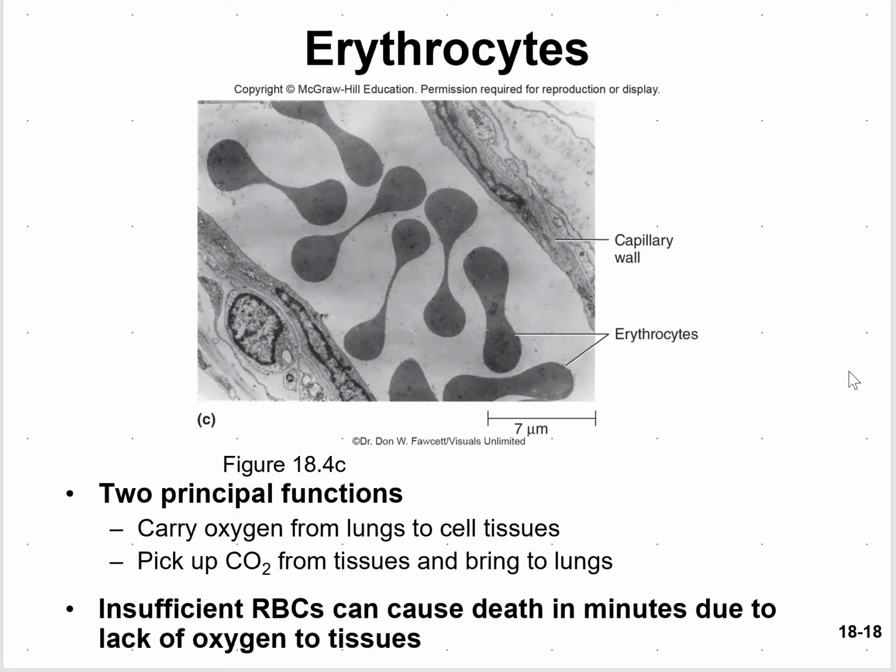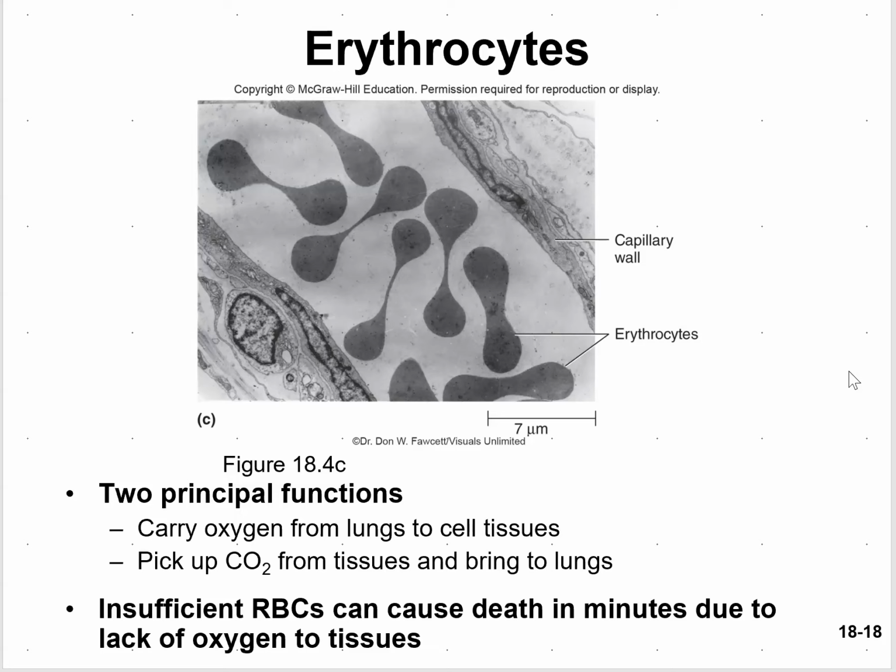Their main function is to pick up inhaled oxygen from the lungs and transport it to the body tissues. In turn, they pick up some carbon dioxide, which is a byproduct of cellular respiration, and transport it back to the lungs for exhalation.